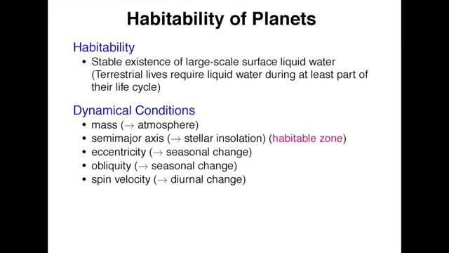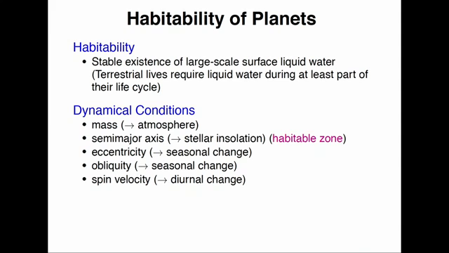And of course, we are all interested in the habitability of planets, because maybe tomorrow or this late afternoon we discuss habitability. Habitability is generally defined as the stable existence of large-scale surface liquid water, because our type of life needs liquid water during at least some part of our life cycle.